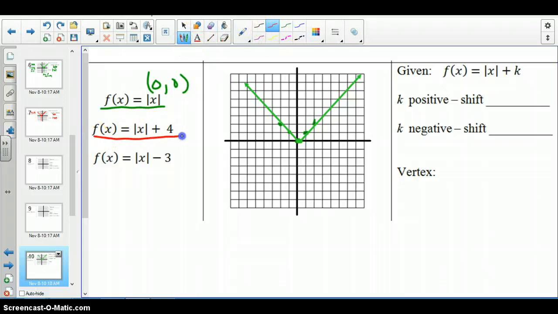So now if we have a plus 4 behind it, there's nothing inside of it, so the x of your vertex is 0, your y is 4. That number stays the same, so I'm going to go 0, 4, plot a point. My slope is positive, and it's 1, so we're going to go up 1 to the right one, up 1 to the left one.